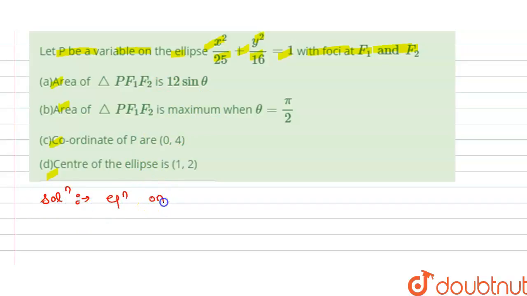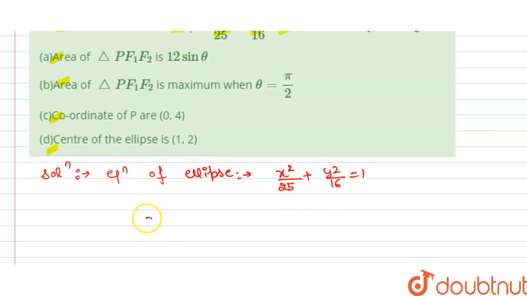Equation of ellipse. So here the equation of the ellipse is x square divided by 25 plus y square divided by 16 is equal to 1, and we can write this in the form of a cos theta and b sin theta.